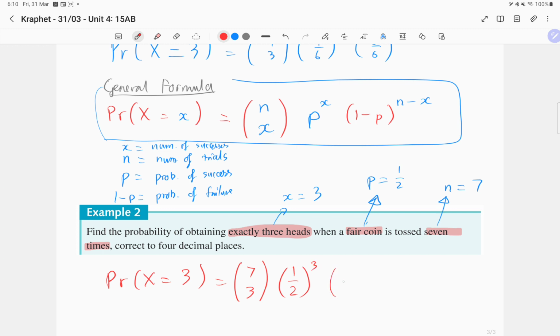The probability of failure is 1 minus 1/2, which is simply 1/2 as well, raised to the power of 7 minus 3, because 3 successes means 7 minus 3 is 4 failures. So you can instantly get 4 failures. Note that these 2 numbers always add up to 7, the number of trials. It has to be accounted for. It's a pattern.